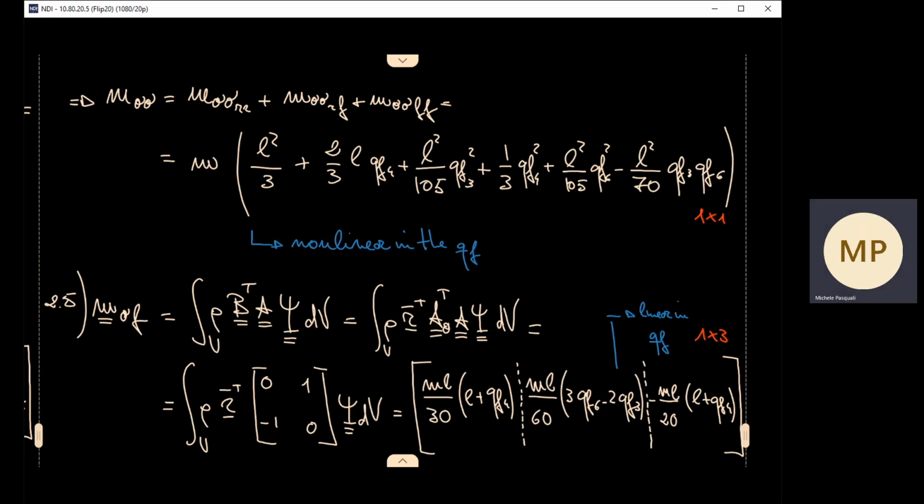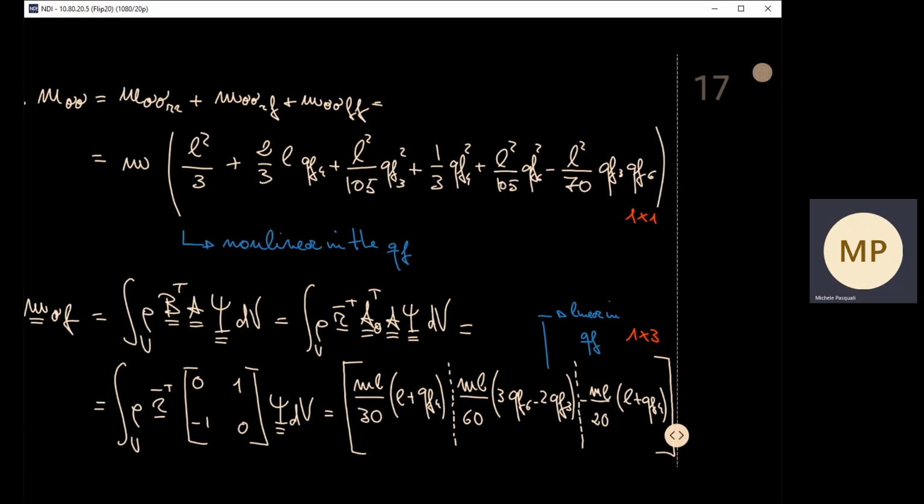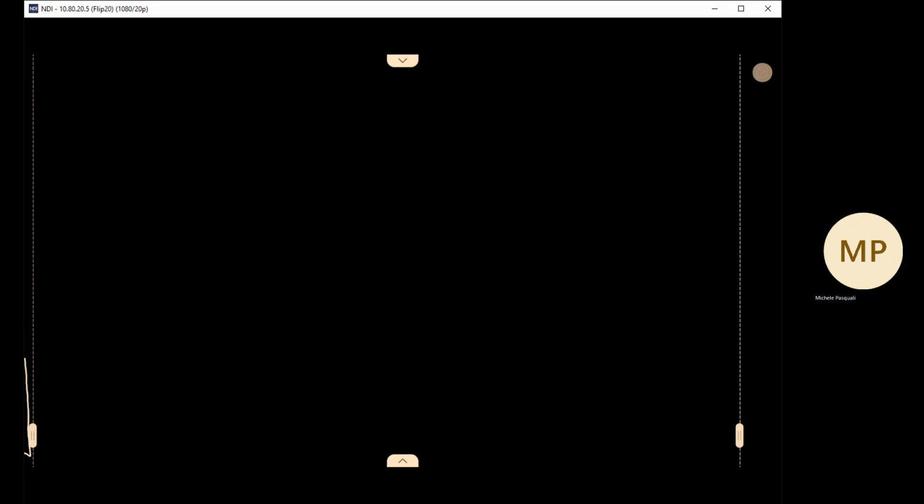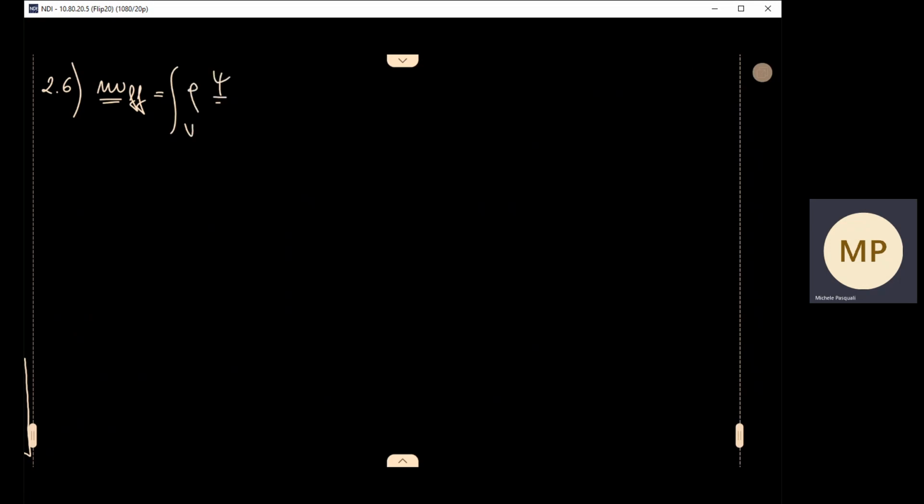Last one. And then I promise it's going to be easier. (2.6), we have MFF, which by definition is rho psi transpose applied over psi. Do you remember this was supposed to be constant? It was supposed to be a constant submatrix. And in fact, if you calculate it, it's exactly constant, like this.